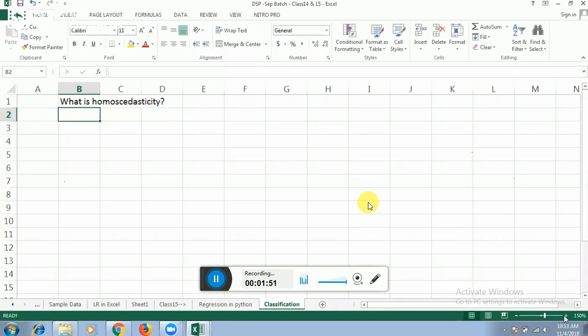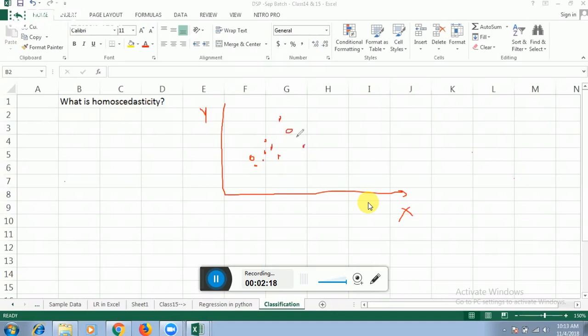Okay. The homoscedasticity is very simple, guys. It explains the relationship between your x and y. Suppose this is x and this is your y, and the relationship is something like this. So basically what I'm saying is, if x is increasing, the variance of the data is increasing.